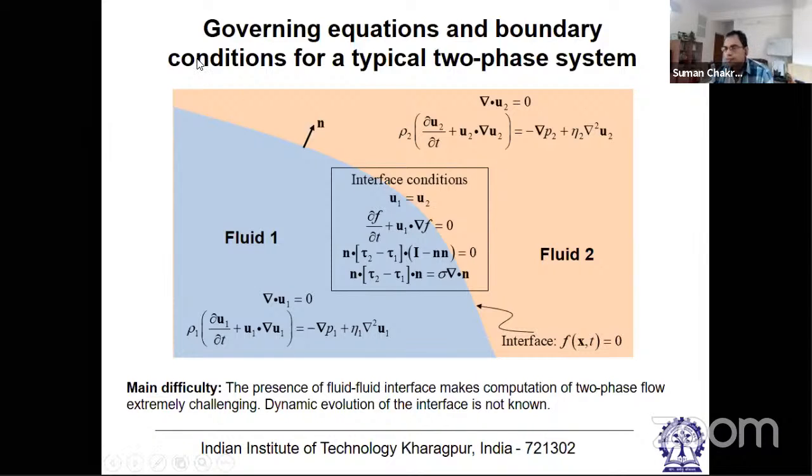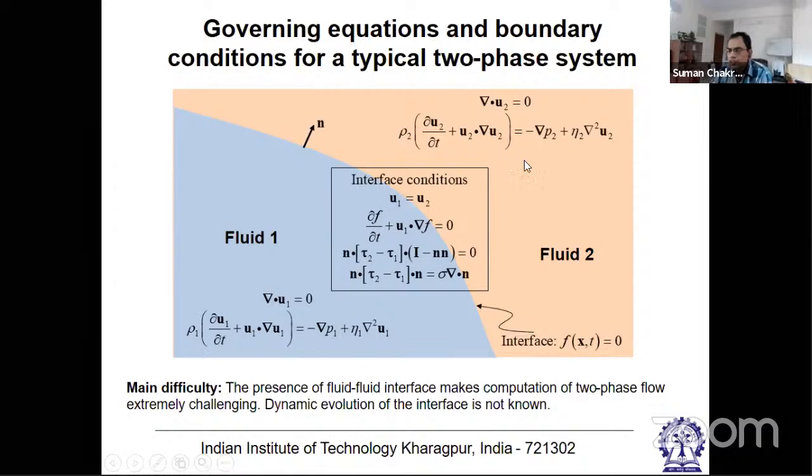Schematically, that is shown in this slide. You have fluid 1 and fluid 2. Without considering any much complexity, let us say that these are incompressible phases and constant viscosity fluid. No other body force is present.